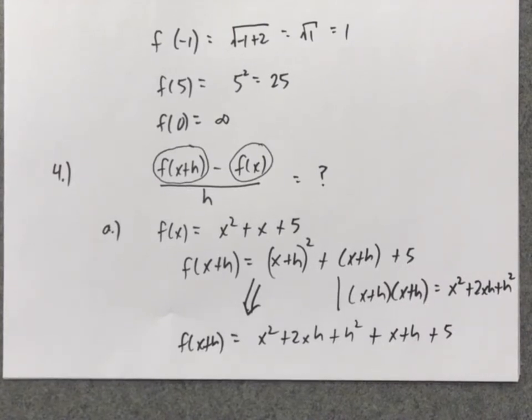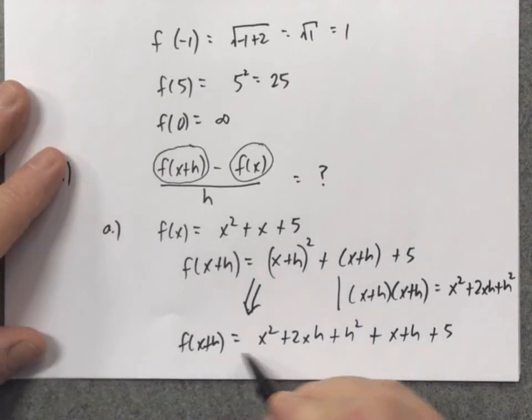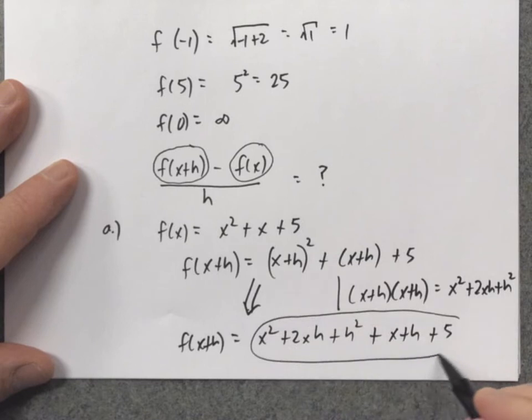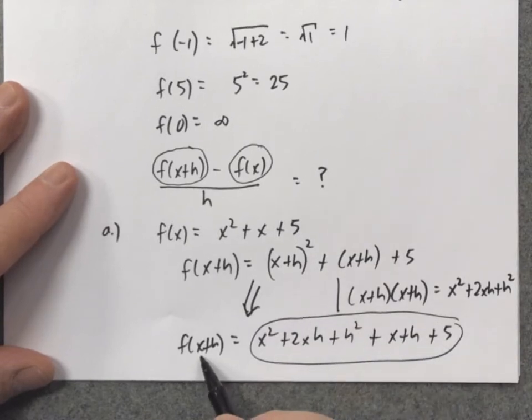Now I need to see if I can combine any like terms, and as it turns out, actually none of these are like terms. This is x squared, this is xh, h squared, x, h, and 5. So this, once again, this whole thing here is my f of x plus h.